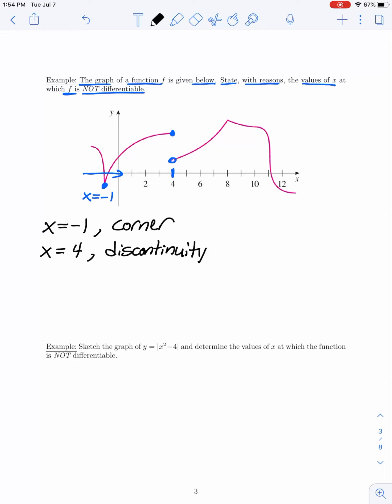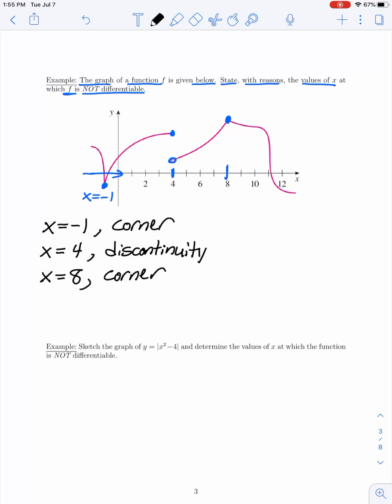Again, as we continue to travel along the x-axis, everything appears to be fine until we get to the point where x is equal to 8, and it looks like we have another corner in the graph of our function. So at x equals 8, this function is not differentiable because of that corner.